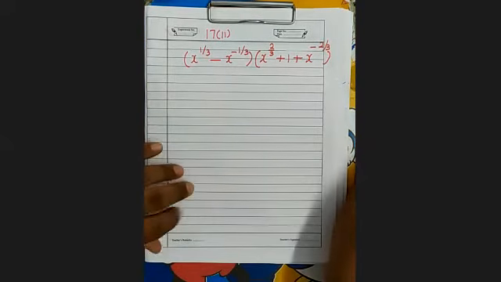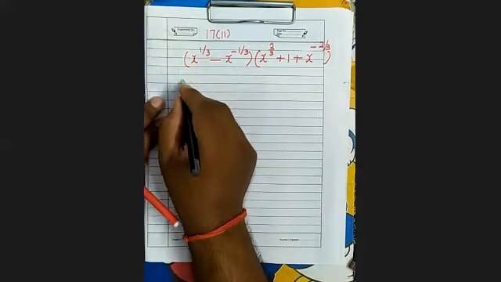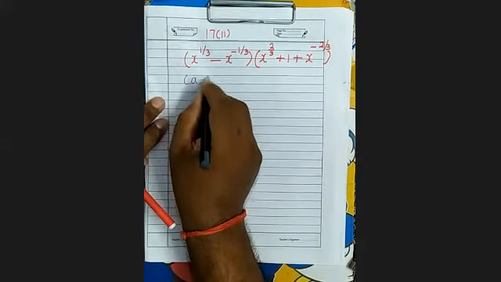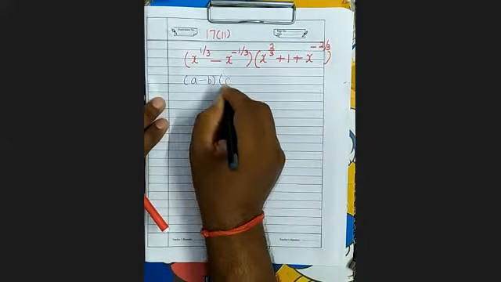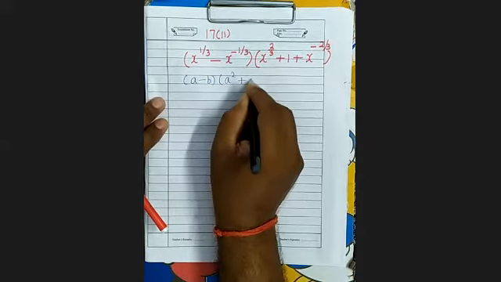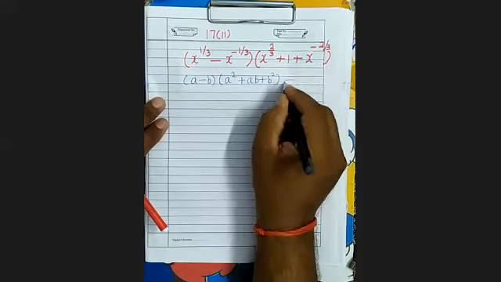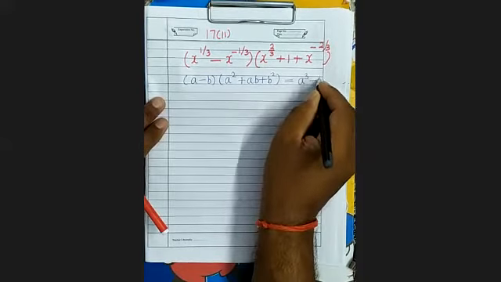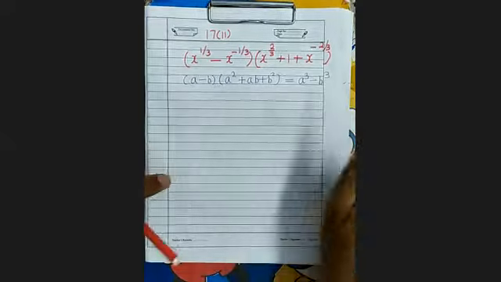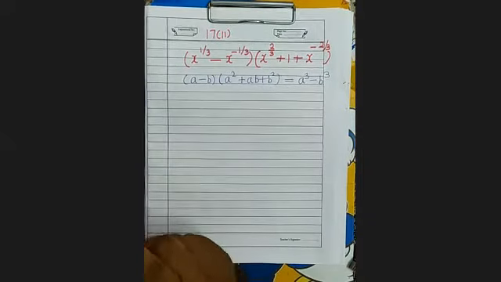So see here, we will use this special product: (a minus b)(a square plus ab plus b square) equals a cube minus b cube.